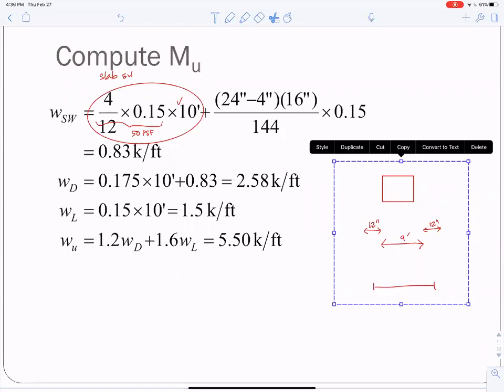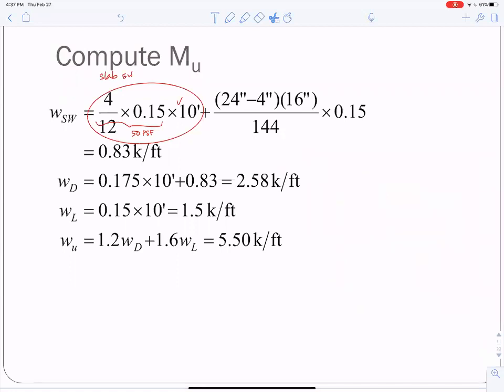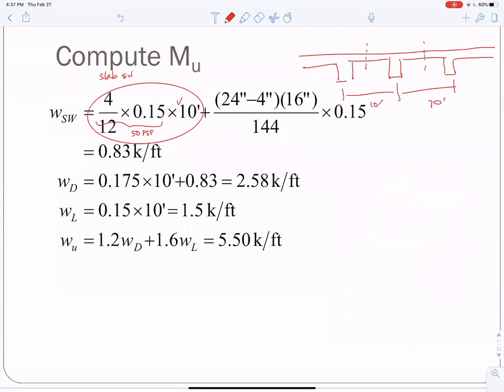Anyway, these are at 10 feet. And so the tributary width is 5 feet on either side, or 10 feet. So that's this.